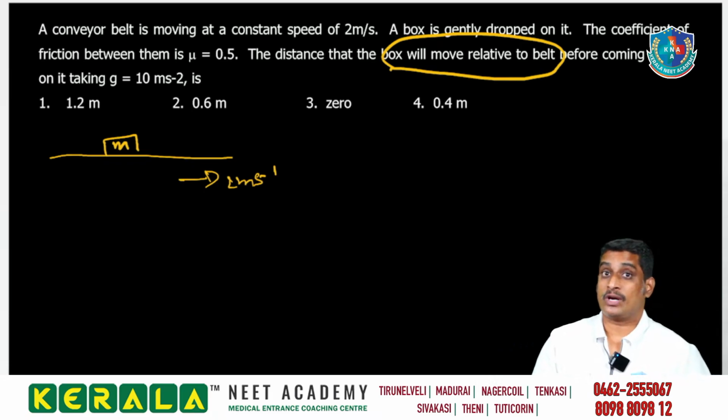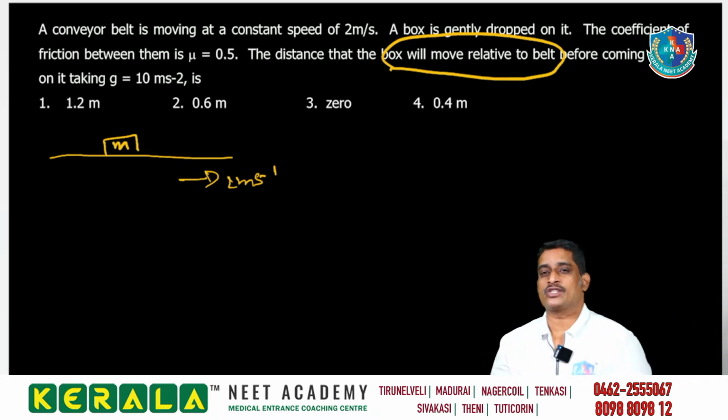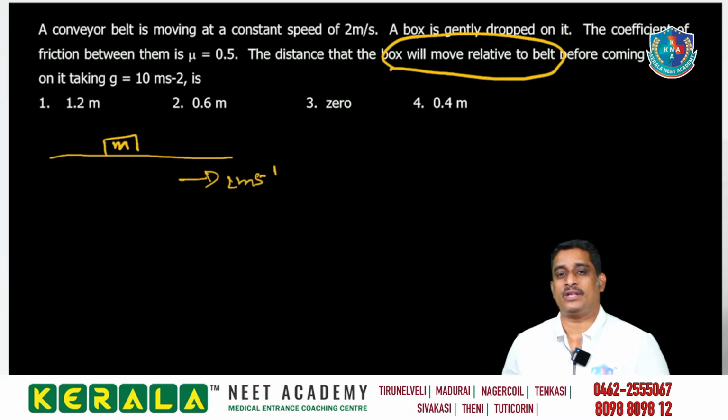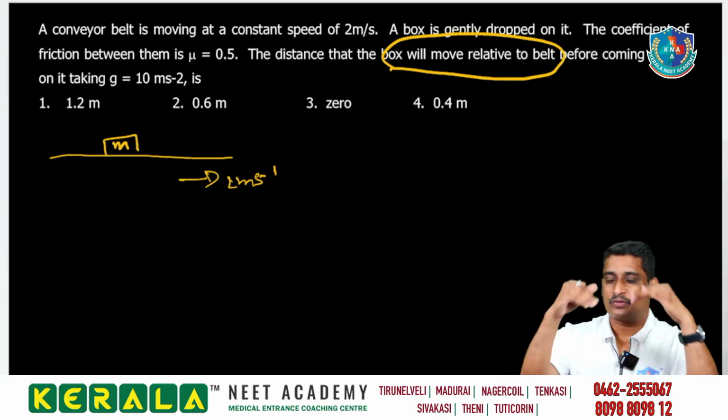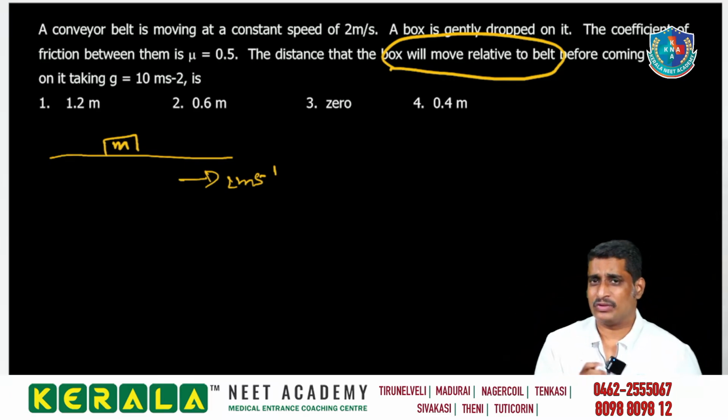For the box to come to rest with respect to the belt, the box also should get the same velocity with which the belt is moving. Then with respect to the belt, the velocity of the box will become 0. Now let us look at the box from the belt. The belt is moving with constant velocity only.